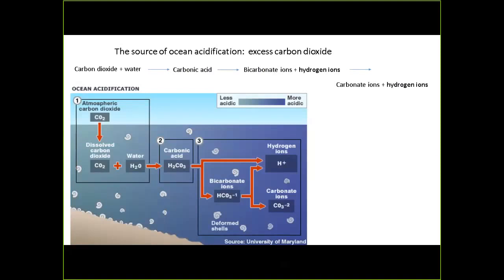From what I've just told you, how could you use this information to construct an argument proving that global warming must be occurring? Carbon dioxide is a greenhouse gas. What does that mean?